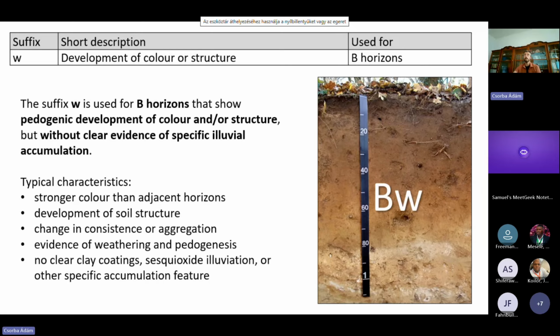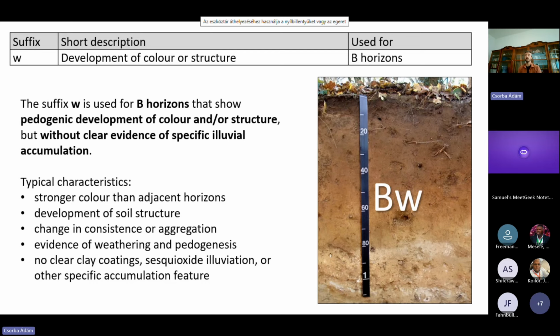W index. W index means that in the subsoil, pedogenetic development, color development, structure development has been ongoing, but without clear evidence of a specific soil forming process.